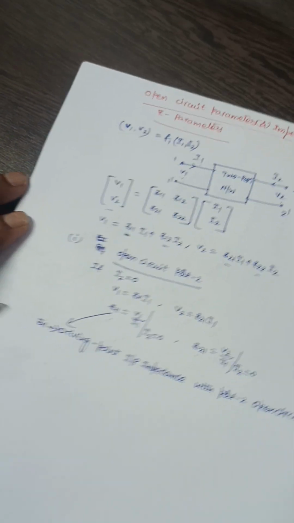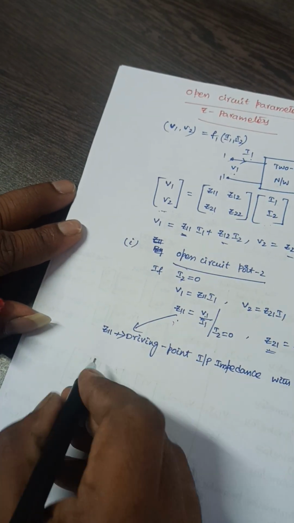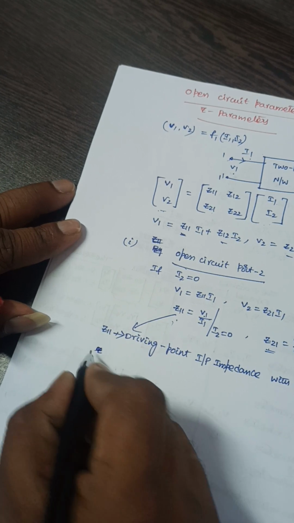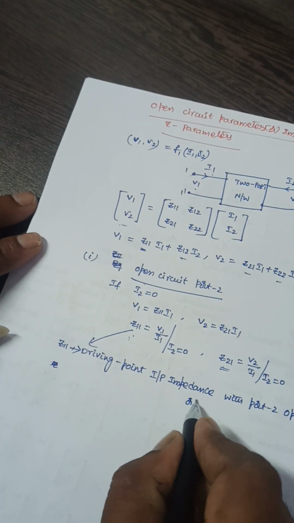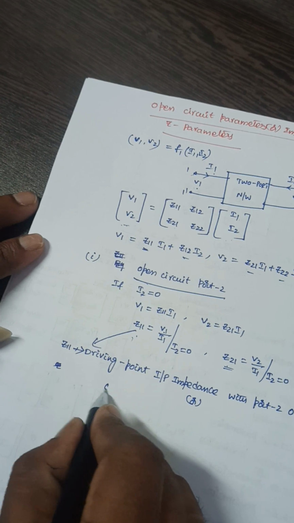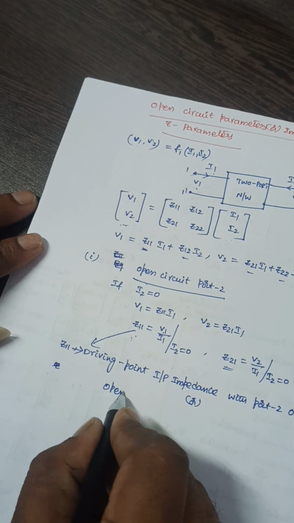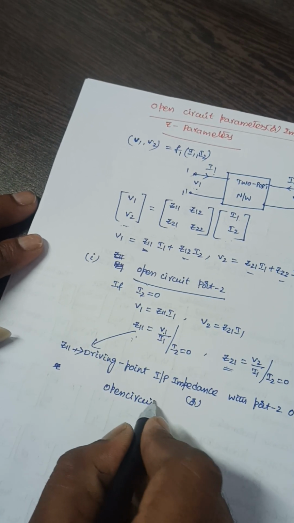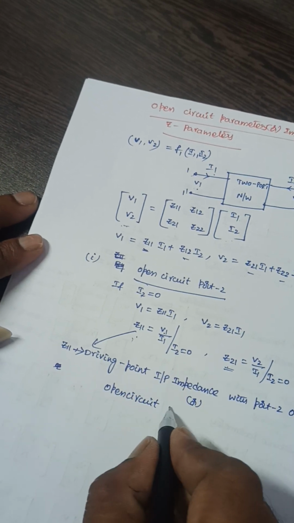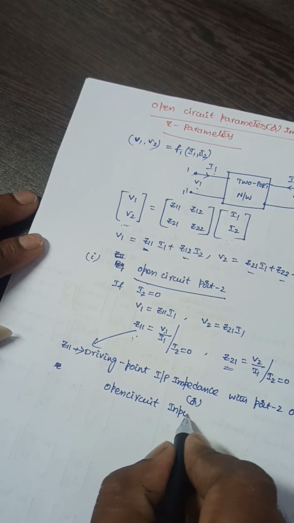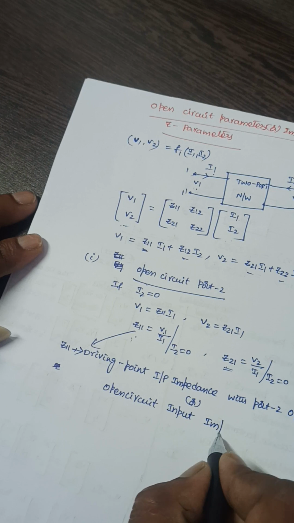Simply, Z11 can also be called the open circuit input impedance.